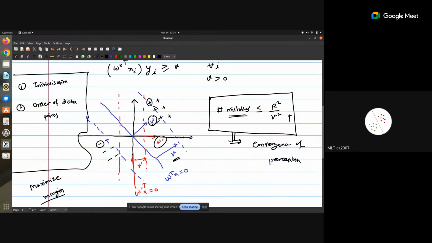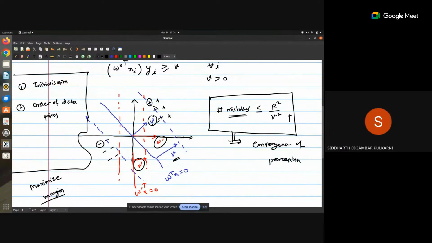If I choose this gamma, the Perceptron algorithm will give me a finite number of steps, or finite number of updates or iterations, to converge. It might give me more mistakes, but eventually it will converge. So it is not giving me the optimal solution as such. It is giving me some solution, one which separates these data points.